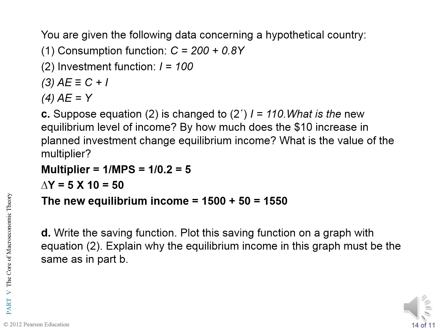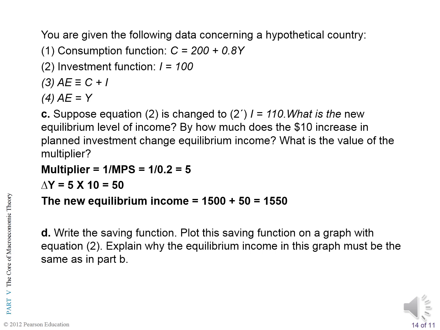Okay, write the saving function. Plot this saving function on a graph with equation 2. So we will find the equilibrium where S equals I. Explain why the equilibrium income in this graph must be the same as in part B. Why? Because the aggregate expenditure approach gives the same income as the S equals I approach. They are basically the same equation, and we derive them from each other.